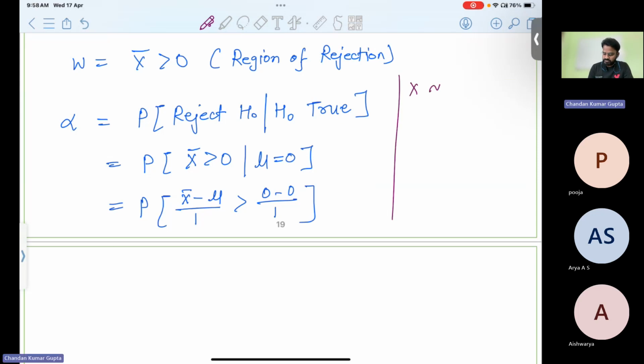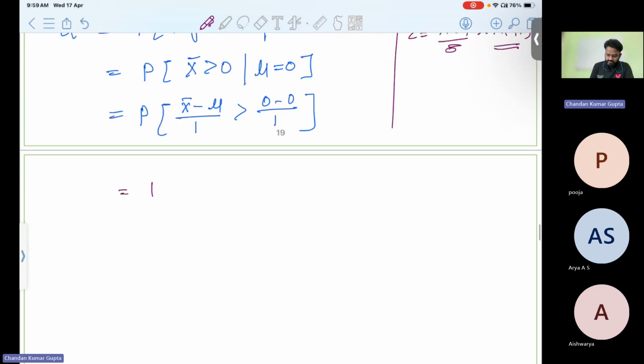If X follows normal mu, sigma square, then Z, which is defined as X minus mu upon sigma, follows normal 0, 1, and then the probability is calculated with the help of the normal table. In a similar way, X bar minus mu upon the standard deviation 1 is greater than 0 minus mu, is 0, upon 1. So that means the probability that Z is greater than 0.